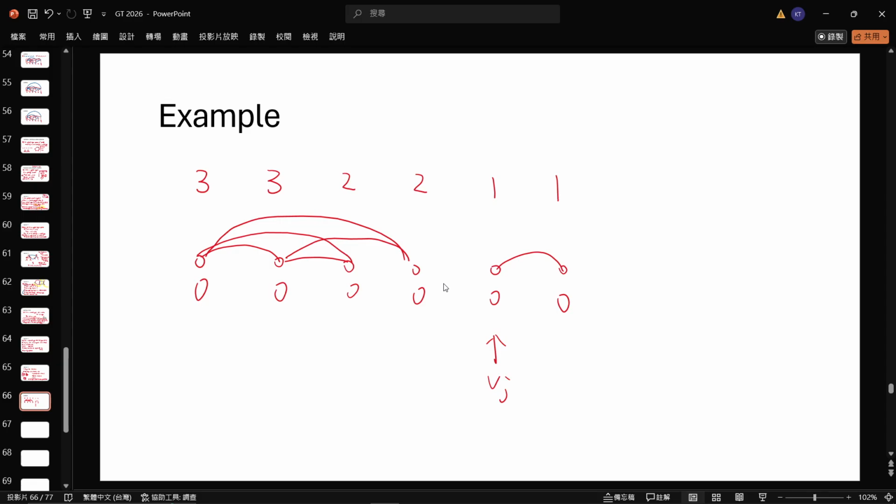And because in step B, we're going to choose high degree neighbors. So what happens in the future rounds is that in the end of this algorithm, we're going to have some small degree vertices remaining. And they have no choice but to connect to each other.